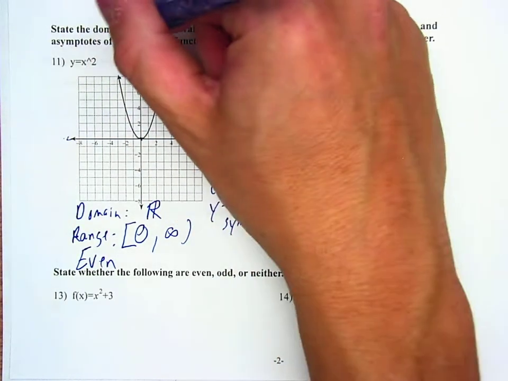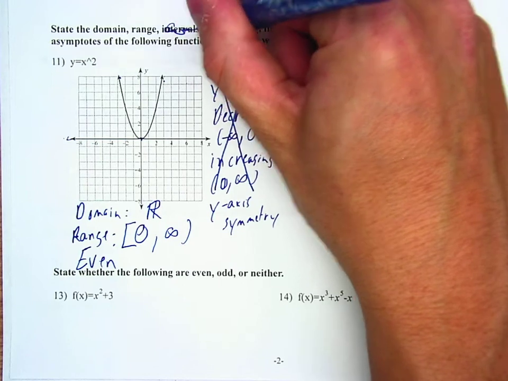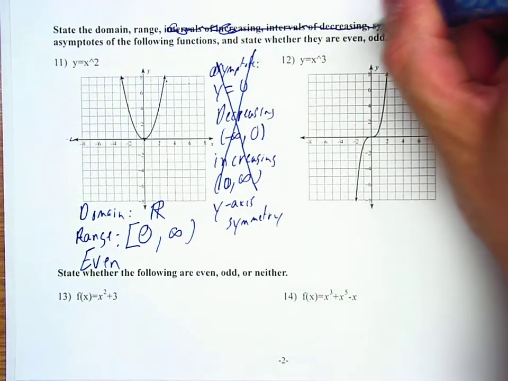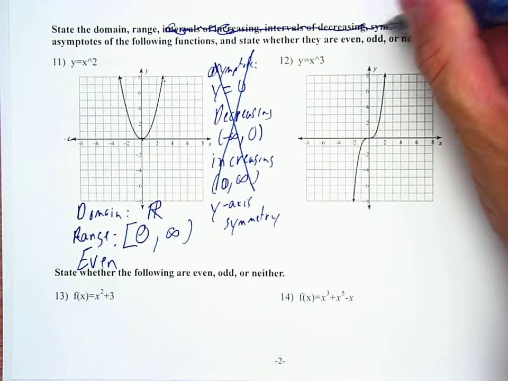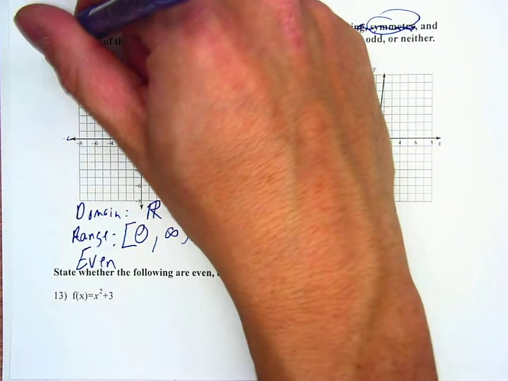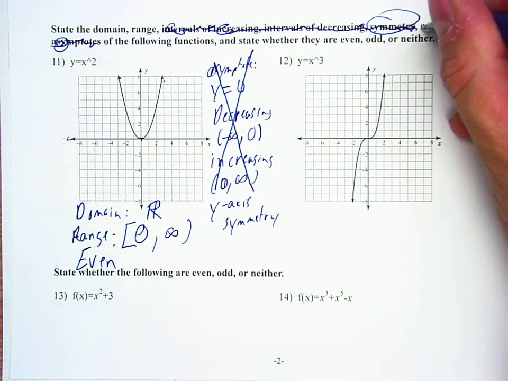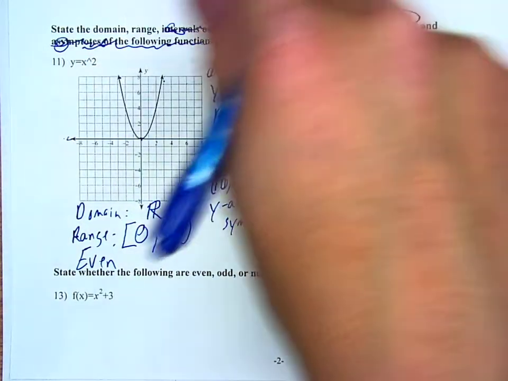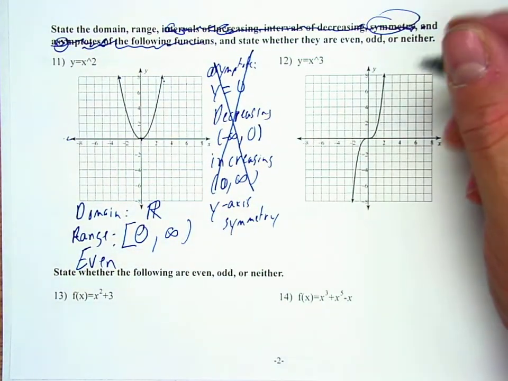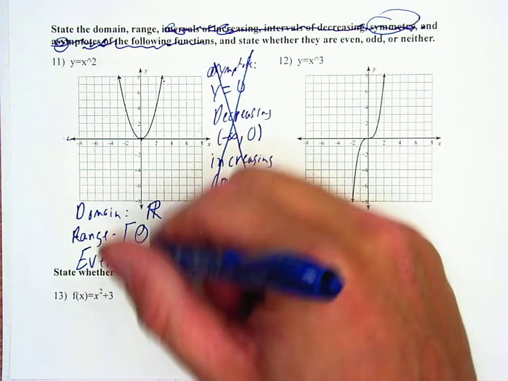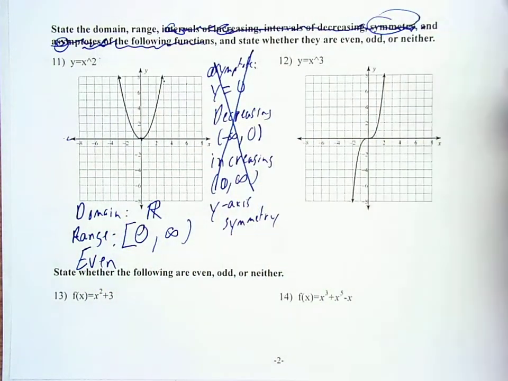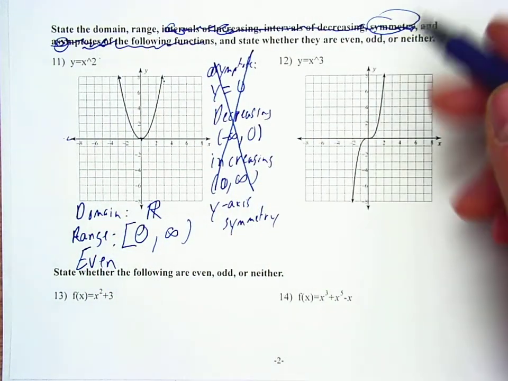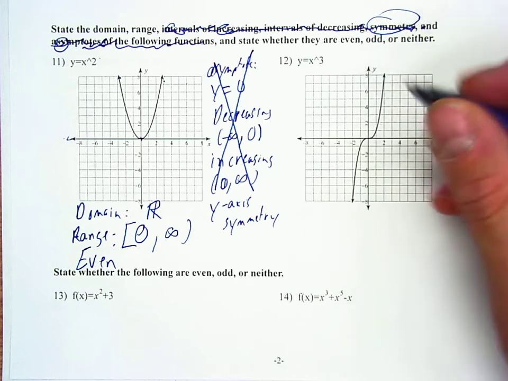So it'll only say domain, range. It won't say this. It'll say symmetry. And I'm not going to ask you asymptotes either. Domain, range, symmetry, even or odd. That makes it a lot easier. Oh, what you can also do for even or odd is, you see I gave you the power here. Just tell me if it's even or odd, the power, the lead coefficient power.